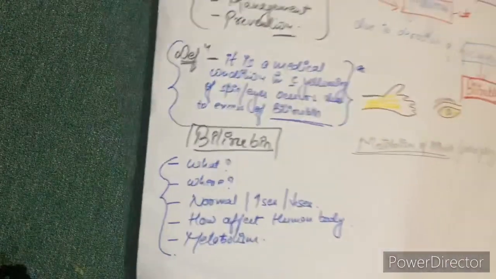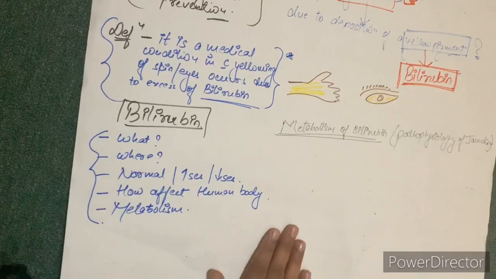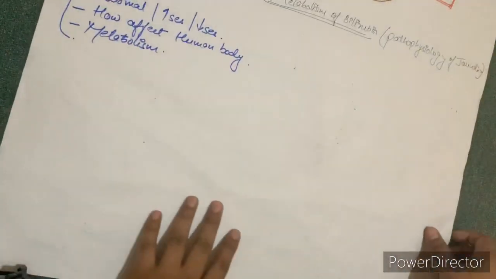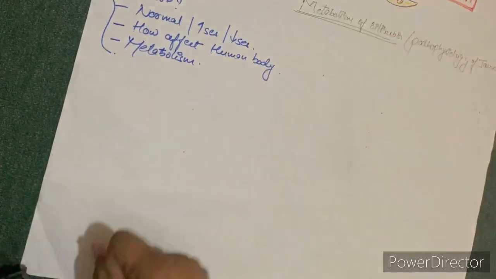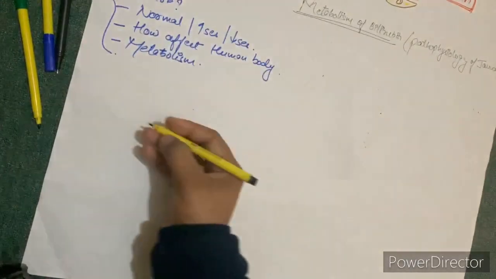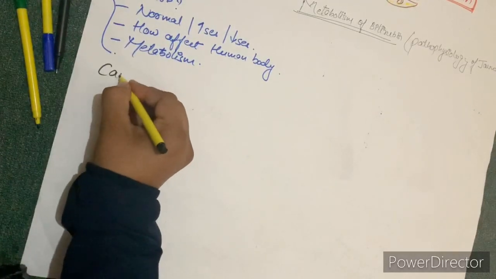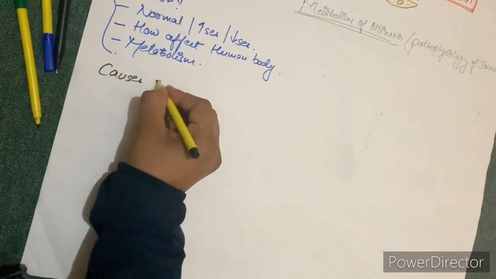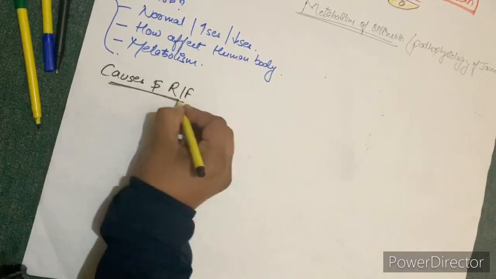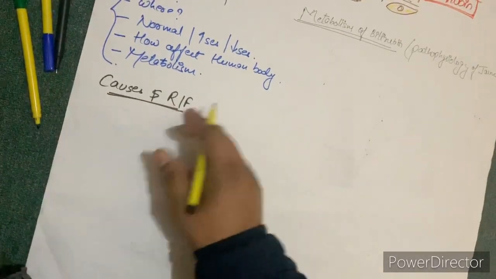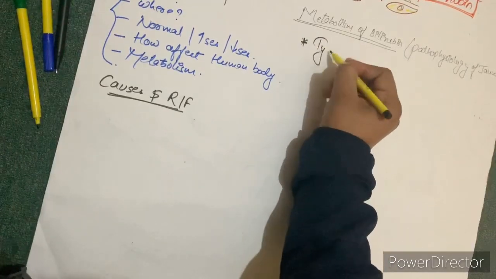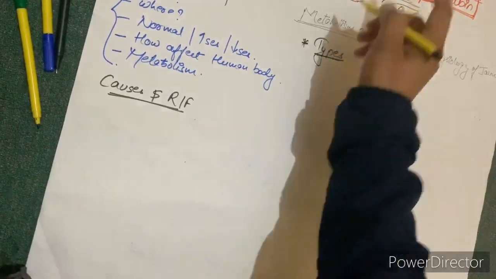So you have studied this. Now again we come back here. We studied the pathophysiology of this. Now we discuss the causes and what the risk factors are. Before studying these, we go through a little topic about the types of jaundice.